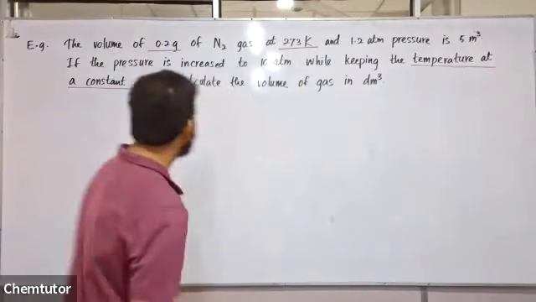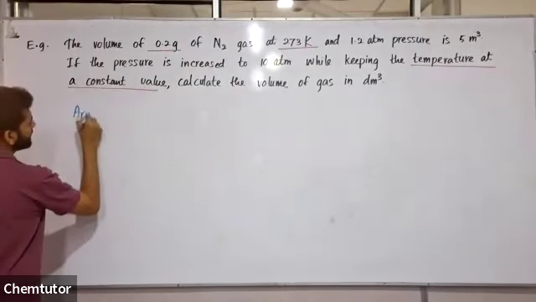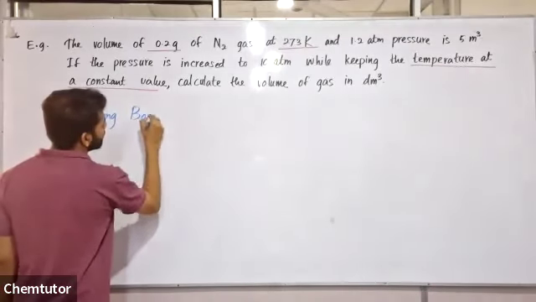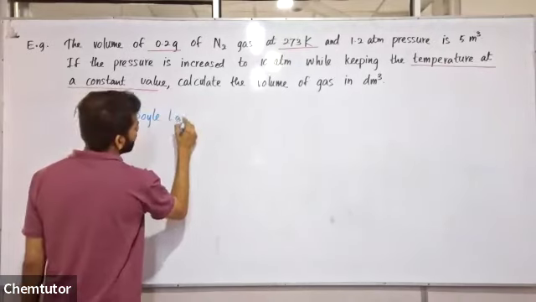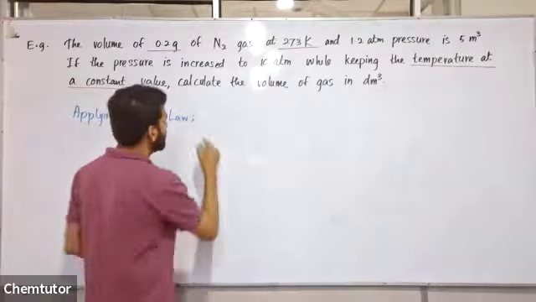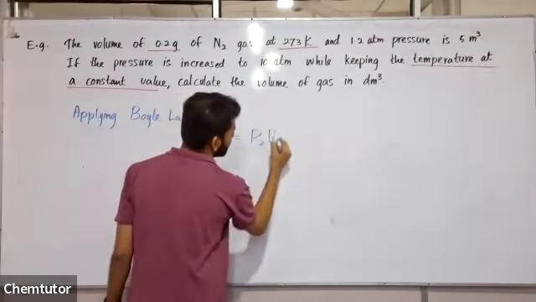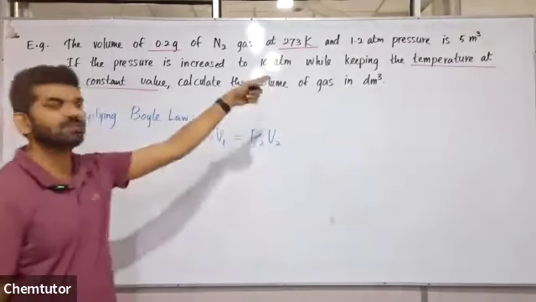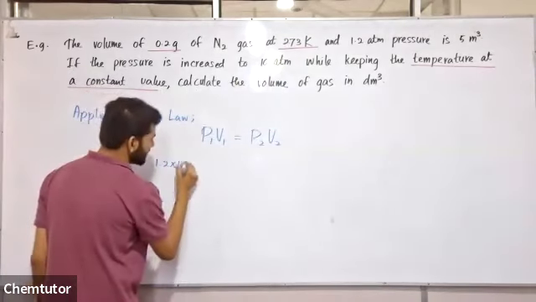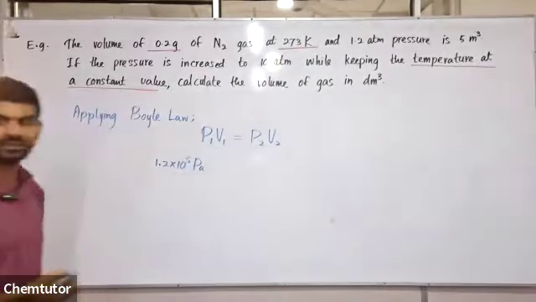Right. So we can apply Boyle's law. By using Boyle's law, we can apply P1V1 equals P2V2. The initial pressure is 1.2 atm, so it is 1.2 times 10 to the power 5 pascals, because 1 atm is 1 times 10 to the power 5.